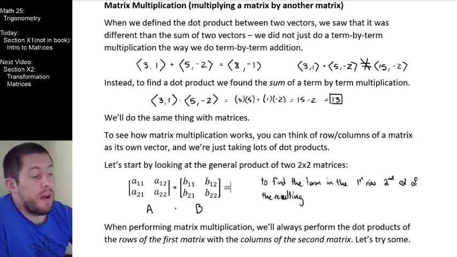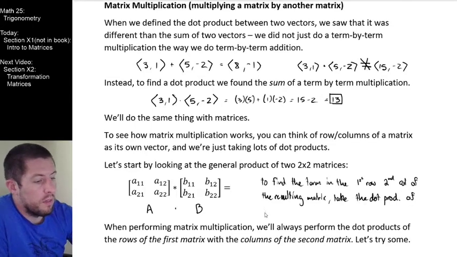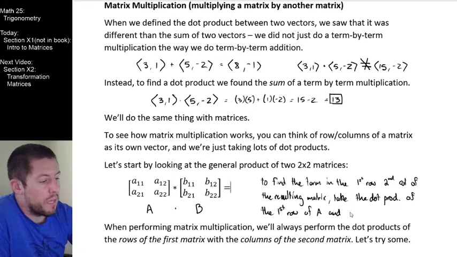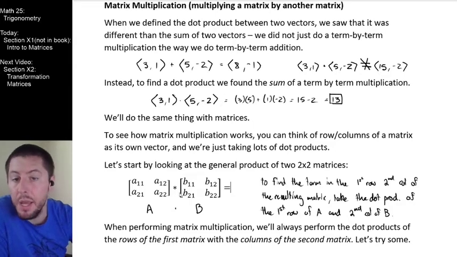If our goal was just to find the term that's in the first row, second column of this overall resulting matrix right here, we're going to take the dot product of the first row of A and the second column of B. So the location that the term ends up in the final matrix is exactly determined by which vectors you use to take the dot product of between matrix A and matrix B.